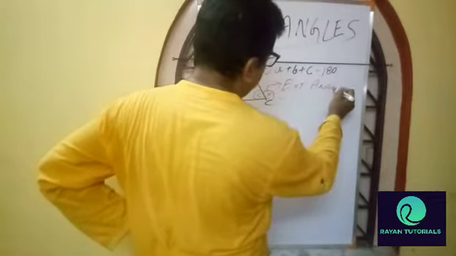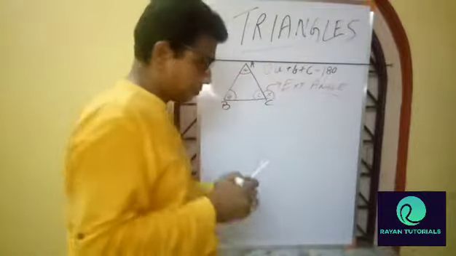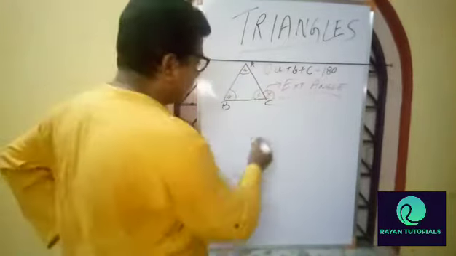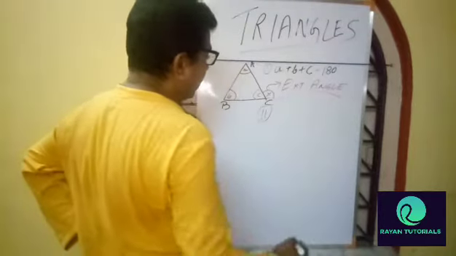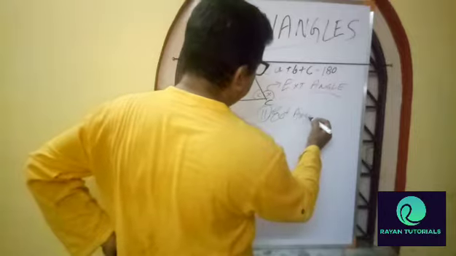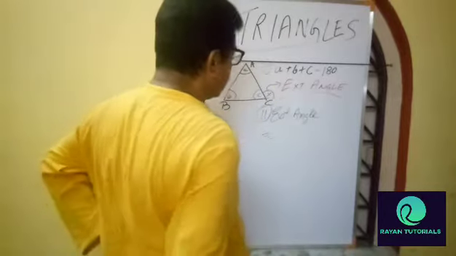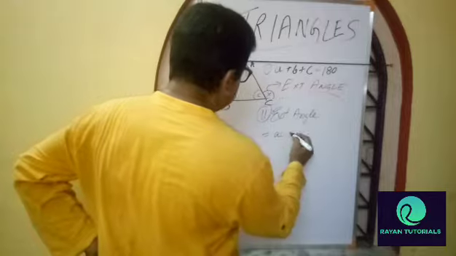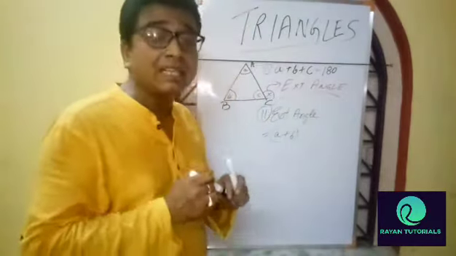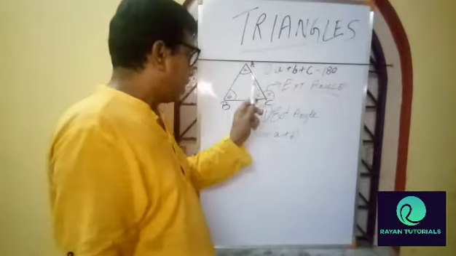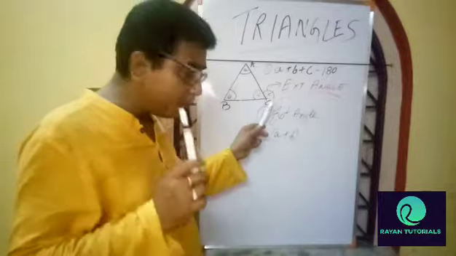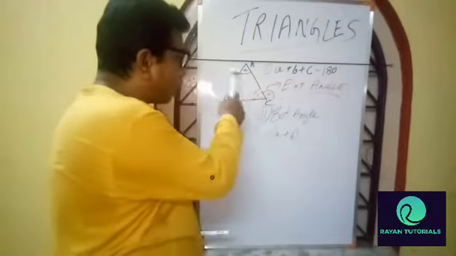You remember or forgot? My second property states that in a triangle, the exterior angle is equal to the sum of the opposite internal angles.